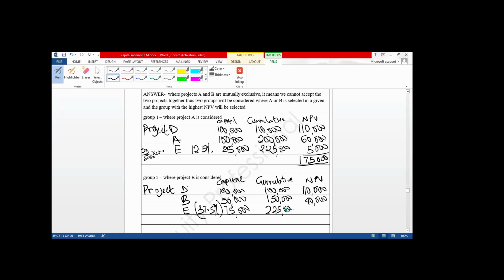That means you can only achieve 37.5% of project E NPV. That will be 15,000.